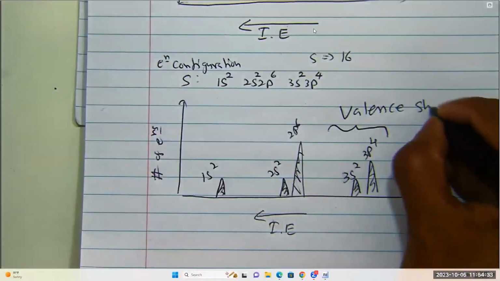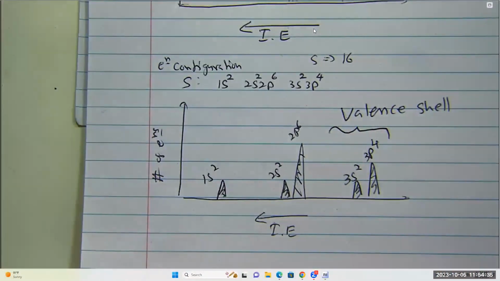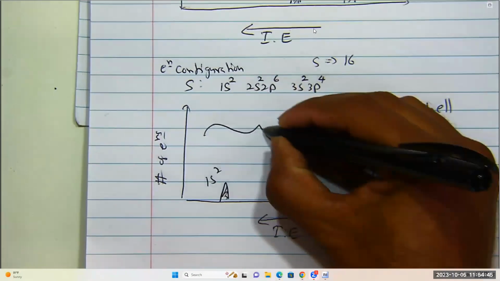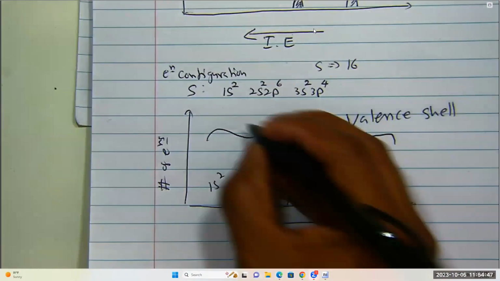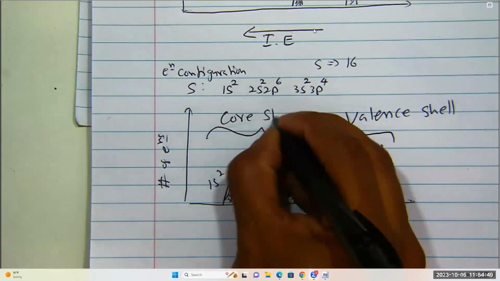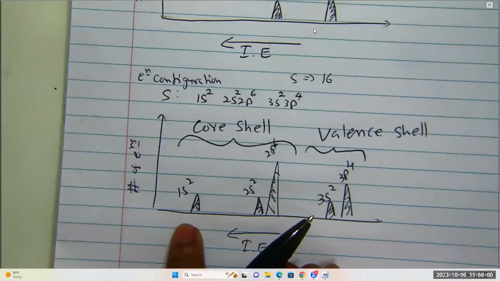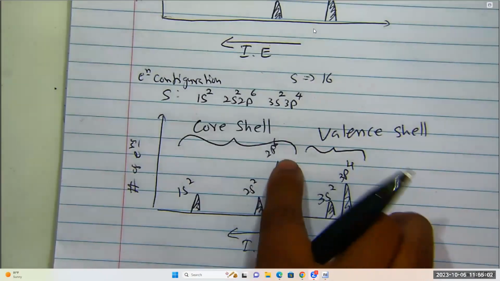All the other shells inside that are called the core shell. So the core shell of sulfur is up to this point over here. Core shell is always completely filled, and it has a noble gas configuration. For example, in sulfur, we have the 1s2, 2s2, 2p6 core shell.